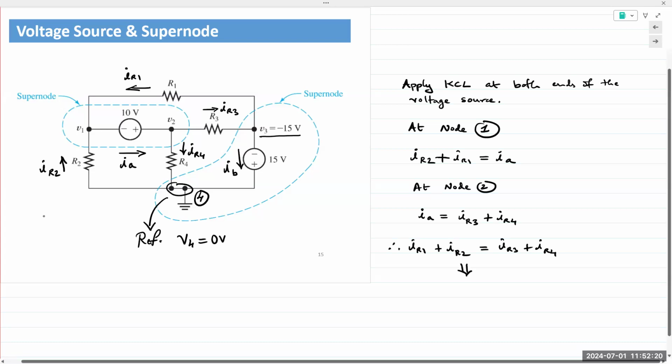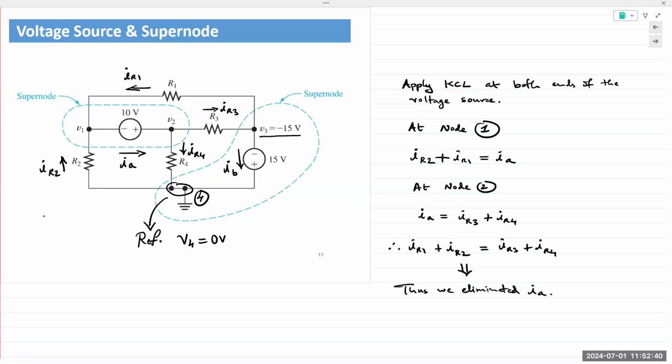And thus we eliminated IA. And that's it. That's the concept. You apply KCL at both ends of the voltage source and you eliminate IA because we cannot describe IA using Ohm's law. And that's the supernode.